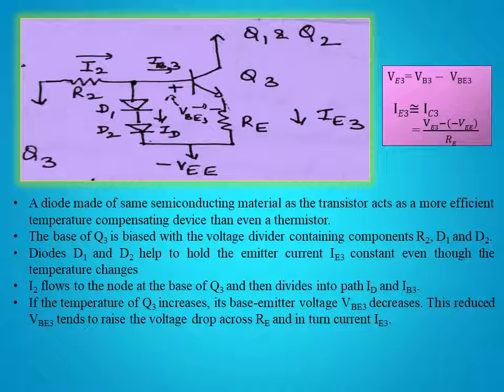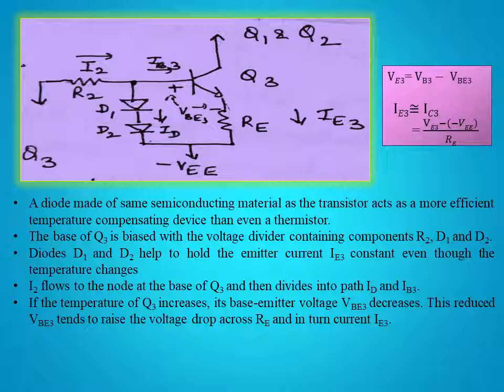Now if the temperature of Q3 increases, what happens? VBE3 decreases. The base to emitter voltage decreases. This reduced VBE3 tends to raise the voltage drop across RE.